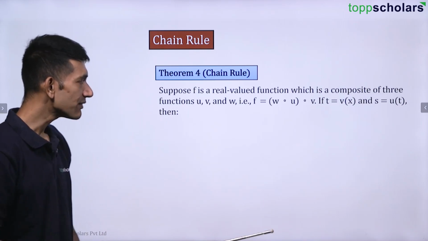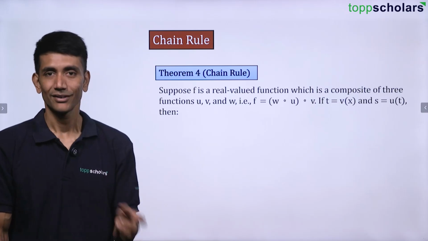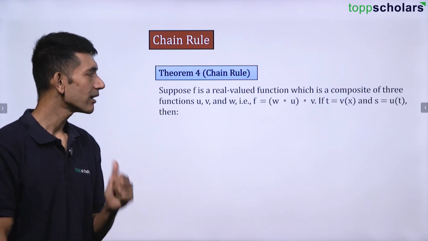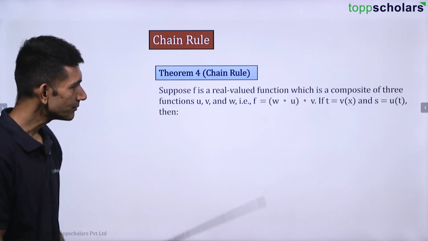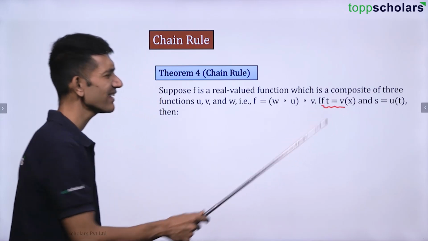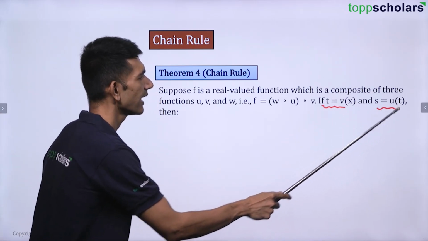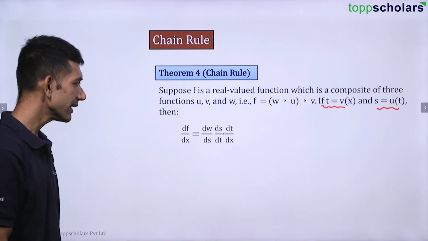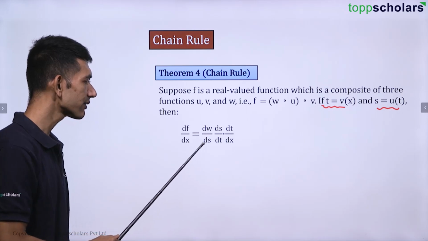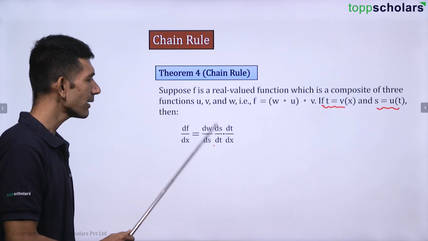Now suppose f is a real valued function which is a composite of 3 functions. So f is a composite of three functions, u, v and w. Then say we have t as v of x and s as u of t, then df by dx will be equal to dw by ds times ds by dt times dt by dx.